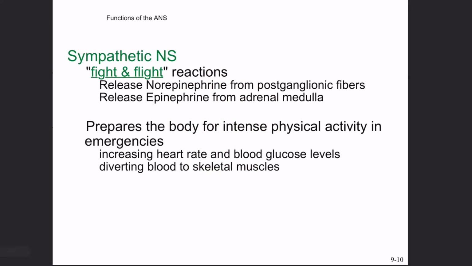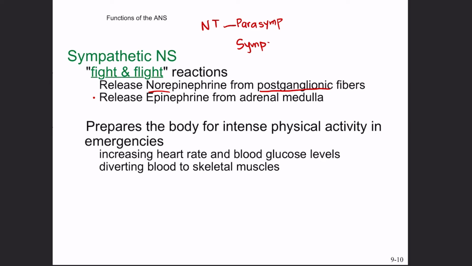The sympathetic nervous system is responsible for our fight or flight reaction, and it does so by activating those target organs, but also by releasing epinephrine from the adrenal medulla. Norepinephrine is a neurotransmitter that's used here by the postganglionic neurons. We're going to talk about the neurotransmitters that are used in the parasympathetic and the sympathetic divisions.